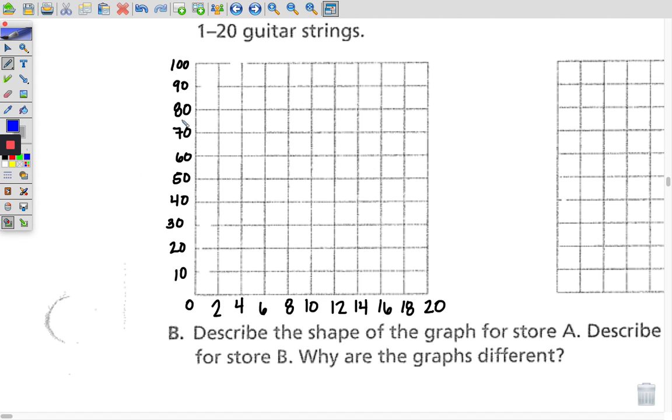Alright, so this is our income that the store makes. And this down here would be the number of strings.